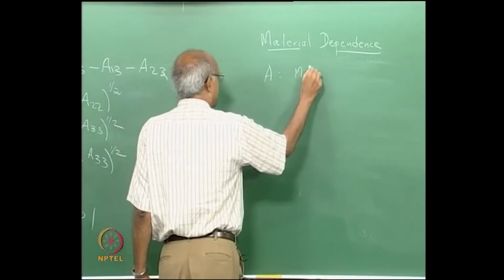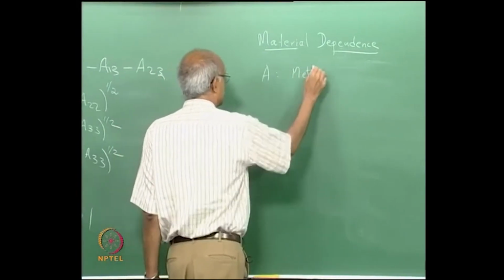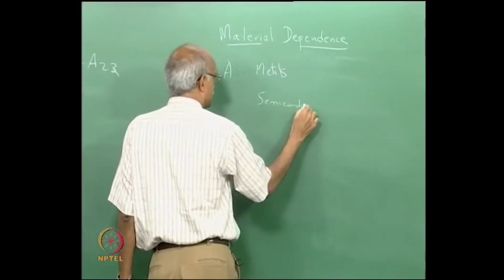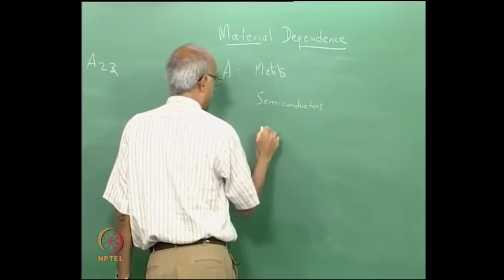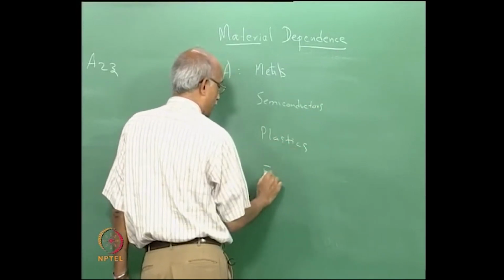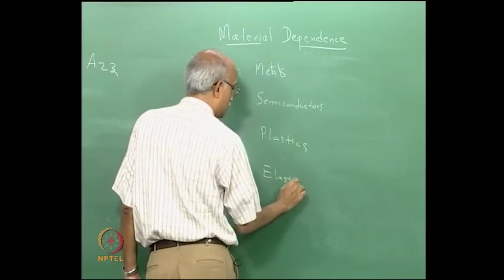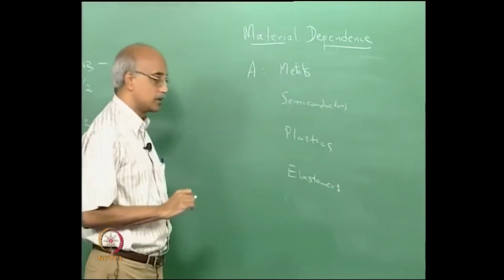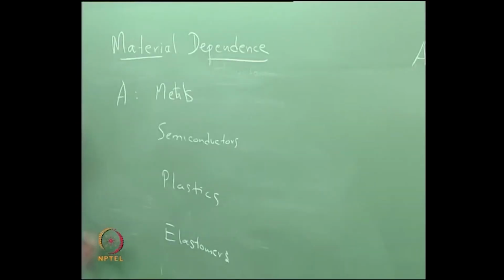So if you take metals, then you take semiconductors, take plastics, and you take elastomers or rubber materials, what do you think will be the approximate range of A values, which will have the highest and which will have the lowest?